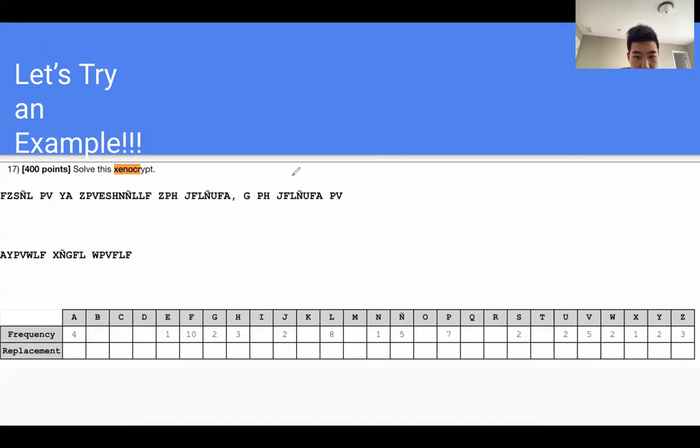Yeah, G is Y. I think that's pretty safe. Where's that second G though? That's what I was trying to find.